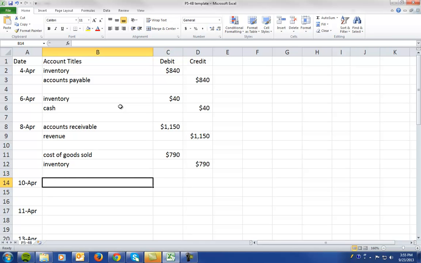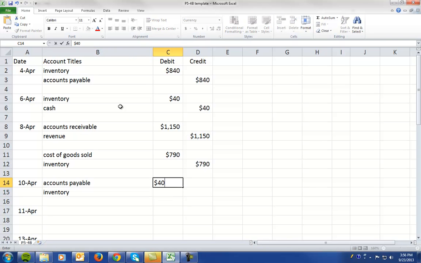Then on the 10th, it says they received credit of $40 from Mark's company for a racket that was returned. So we want to debit accounts payable and credit inventory for the racket that was returned.